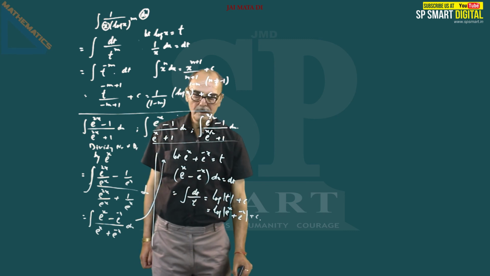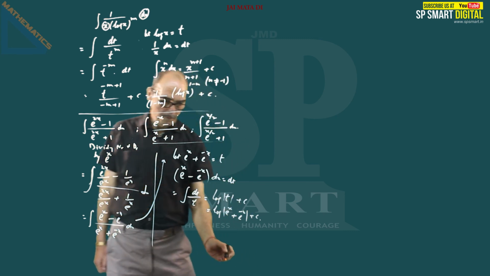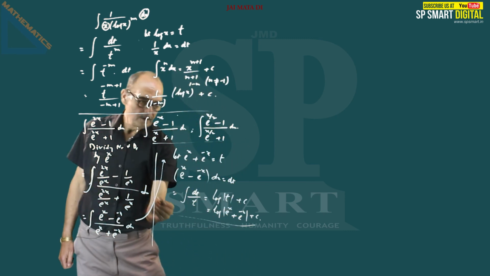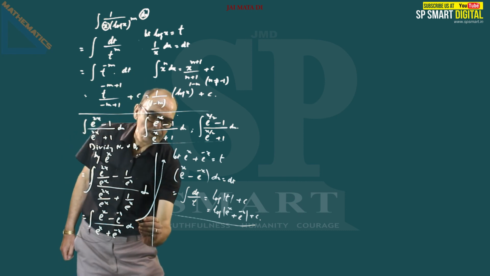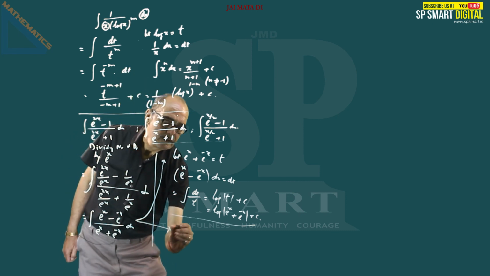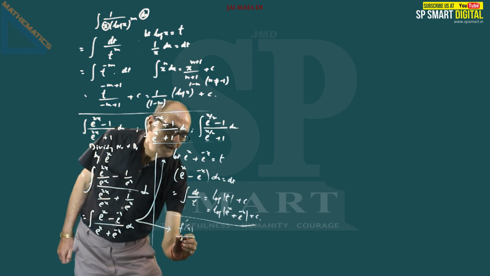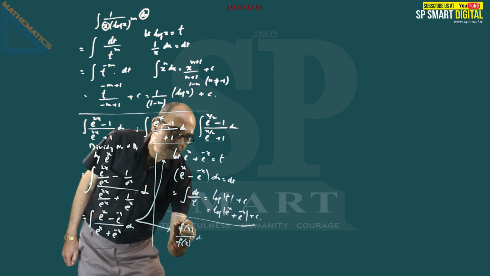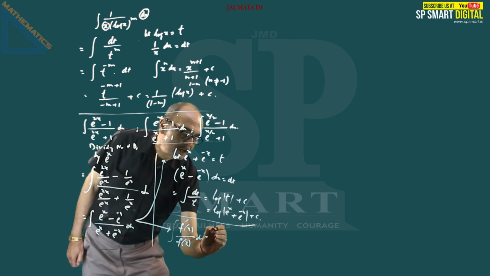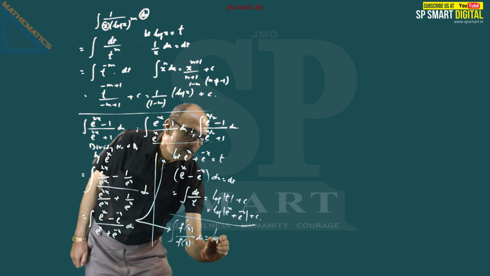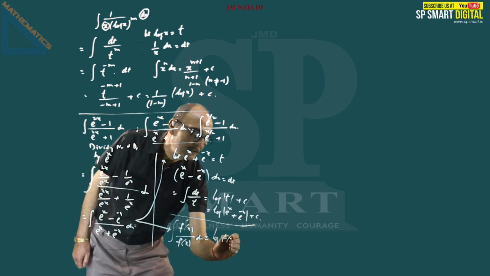And if you are sharp enough, we could use the formula here that integral f dash x upon f x d of x equal to log of f of x plus c.